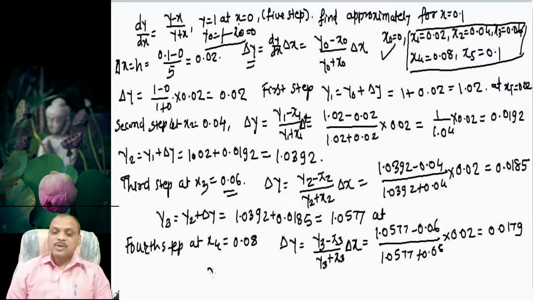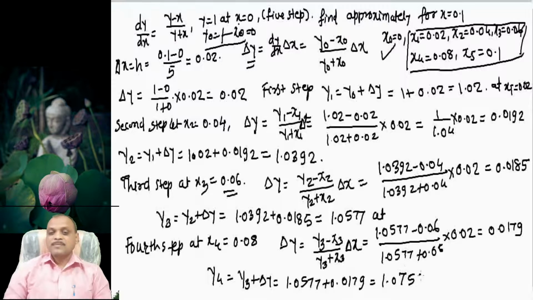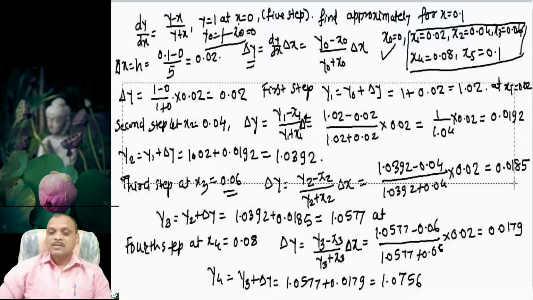So y4 equals y3 plus delta y, which is 1.0577 plus 0.0179, and it will be estimated as 1.0756.